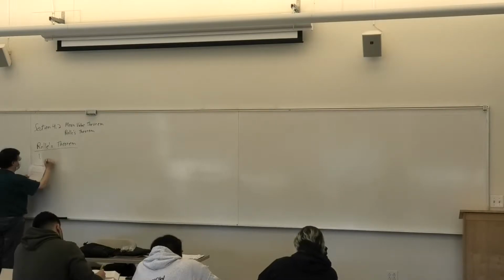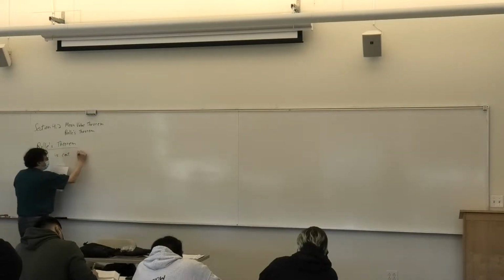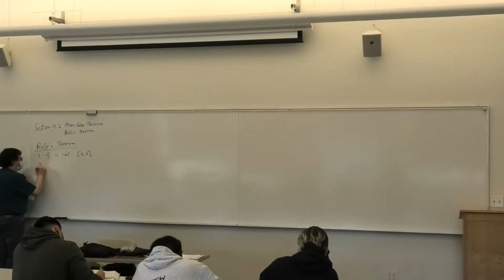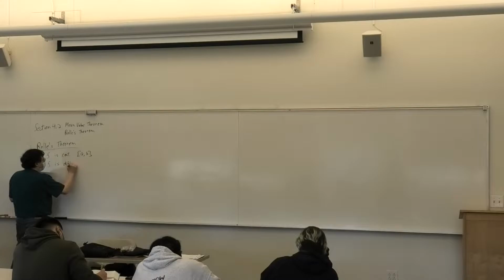First, we have a function f, which is continuous on a closed interval a comma b. Number 2, we have that f is differentiable on at least the open interval a comma b.